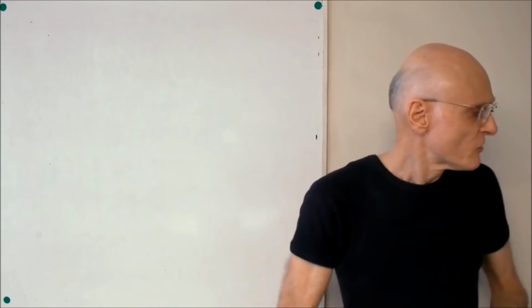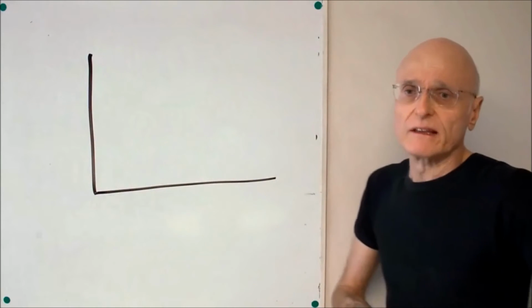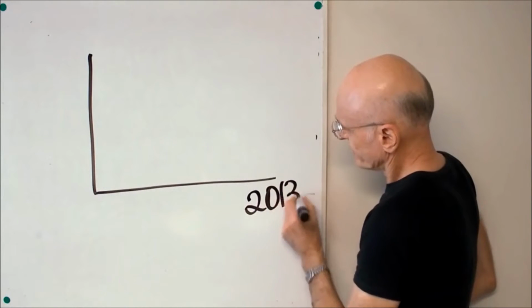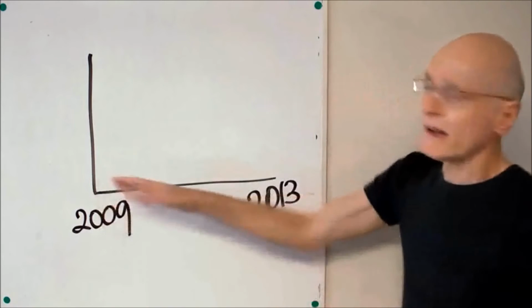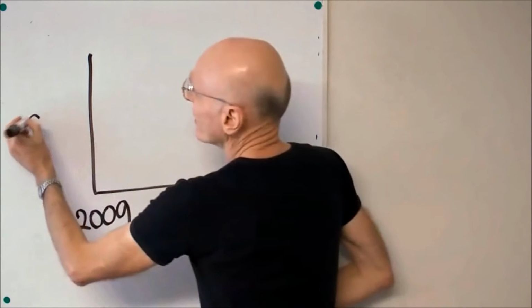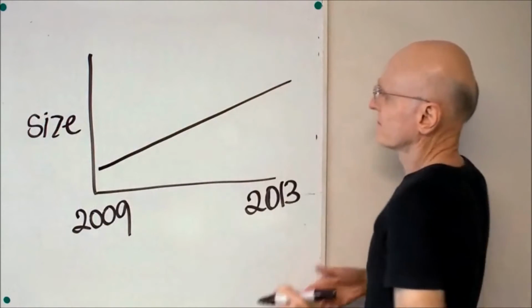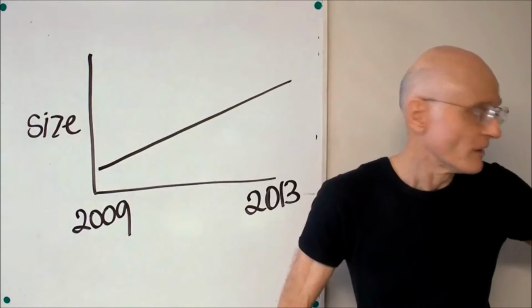Well, interestingly, I've taught the same class for the last 5 years, and in 2013, compared to 2009, my class size has gone up. So the class size has done this. Now, that's about 350. I deliberately haven't put a scale on that.